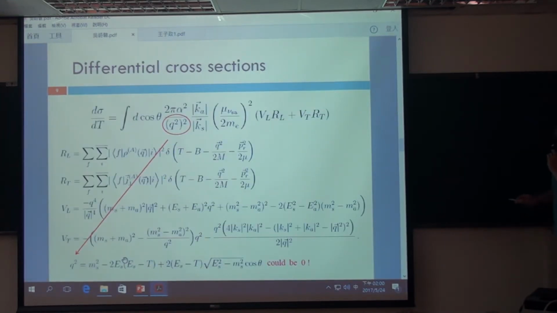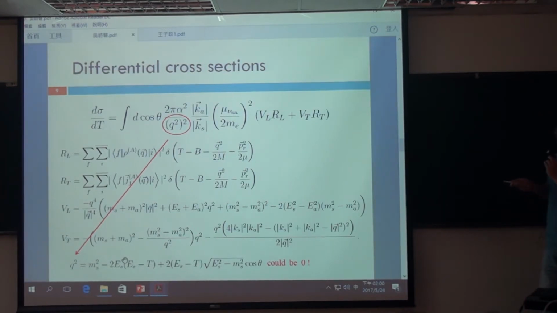So then we can write down the differential cross-section, and this Q squared comes from a virtual photon propagator, and we can separate it into a longitudinal part and a transverse part based on the direction of photon momentum. The response function means that we have an atomic transition in your detector, from initial state to final state.